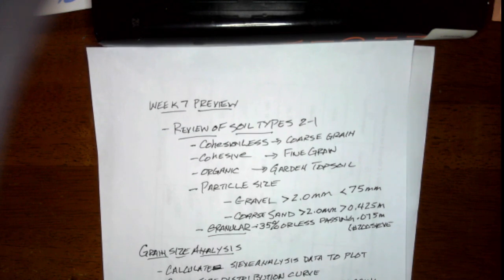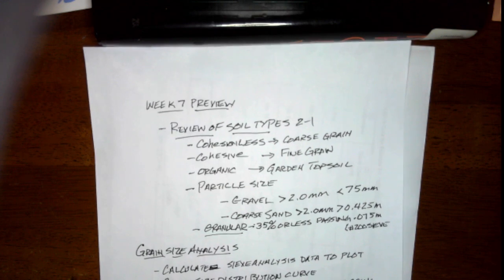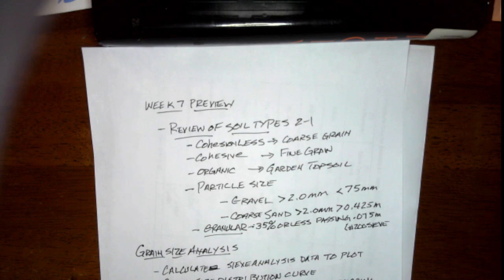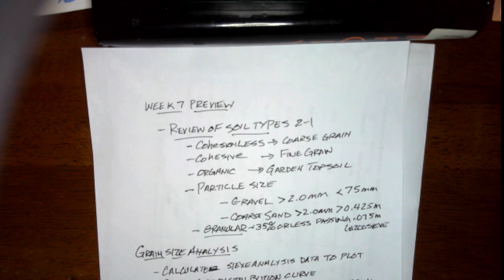We're going to determine grain size for calculating the coefficient of curvature, which is this formula, and the coefficient of uniformity, which is this formula. These coefficients tell you about something, and we'll get to that later. They're also handy for getting into the unified soil classification system, which I doubt we will make it to.